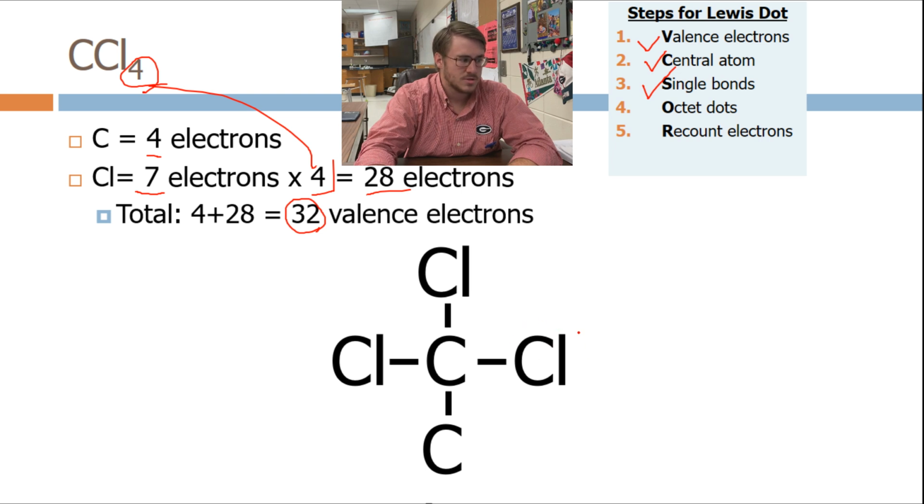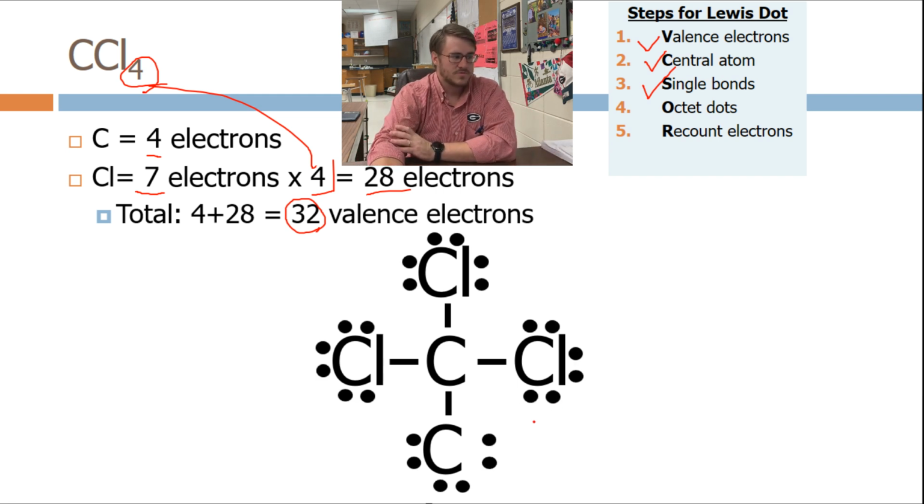Carbon already has 2, 4, 6, 8 from the single bonds, so we need to fill in only the ones for chlorine. I don't know what happened to this L right here, but it's supposed to be there.